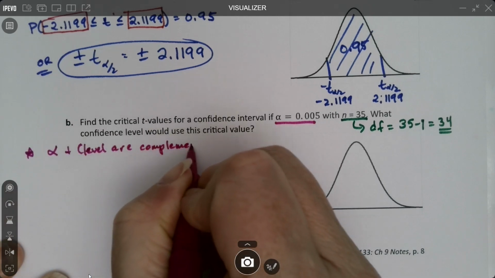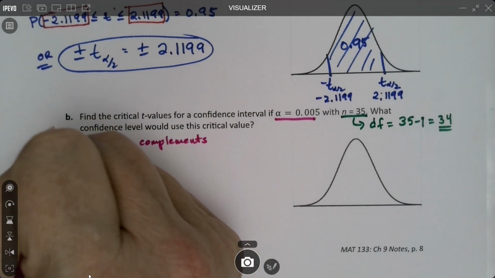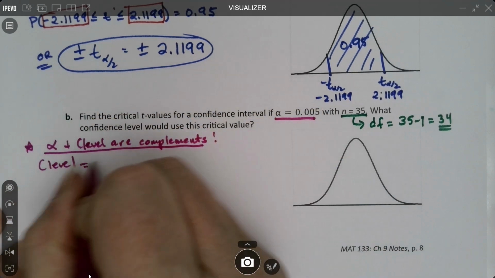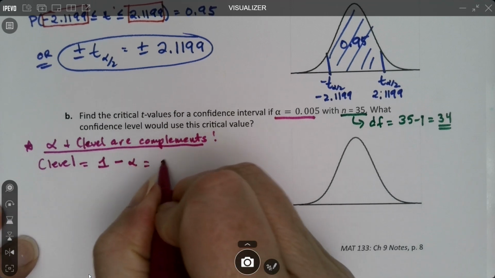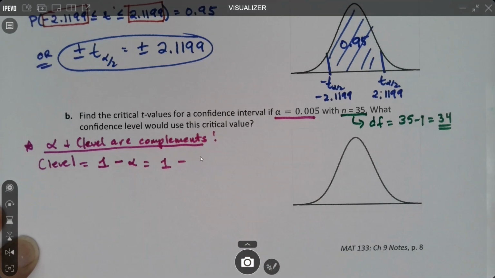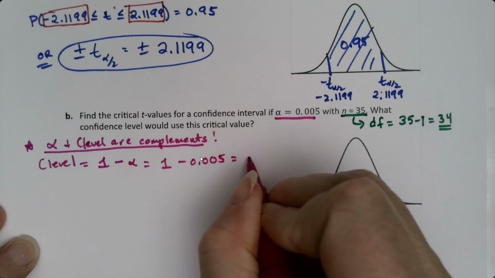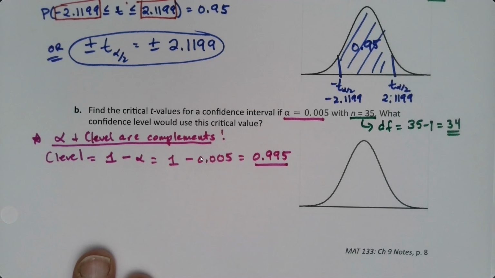Since I have the alpha, I know that the C level would be 1 minus the alpha. That would be 1 minus 0.005, which is 0.995. That's my confidence level.